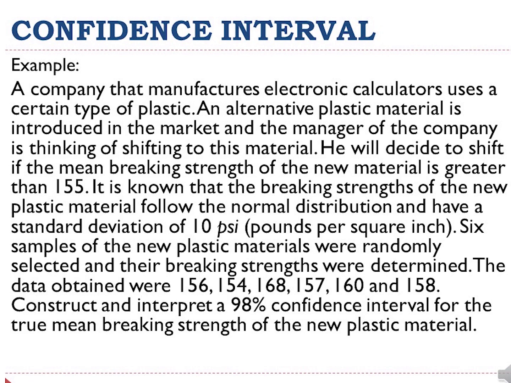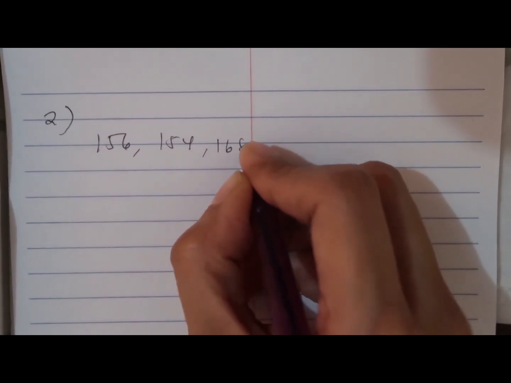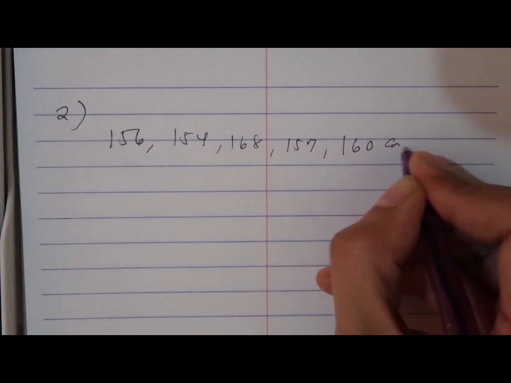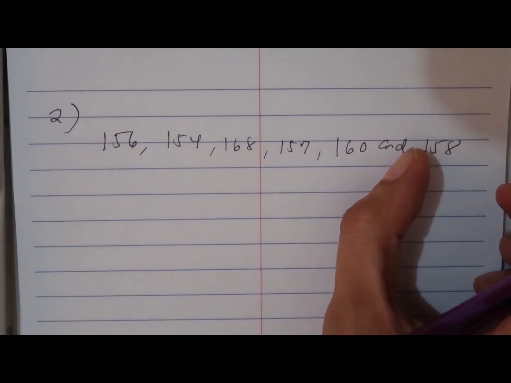6 samples of the new plastic materials were randomly selected and their breaking strengths were determined. The data obtained were 156, 154, 168, 157, 160, and 158. So these are the given data.